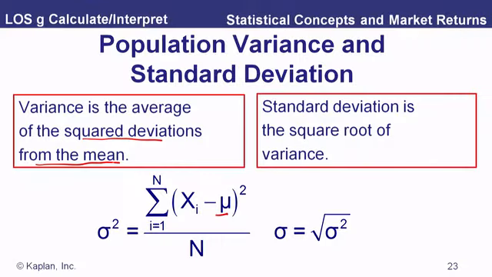So this is just a little bit different. Instead of adding up the distances from the mean, we're going to square those and then add them all up and divide by n. And that's the population. So the assumption there is that we have all the values, right? That's the population standard deviation.